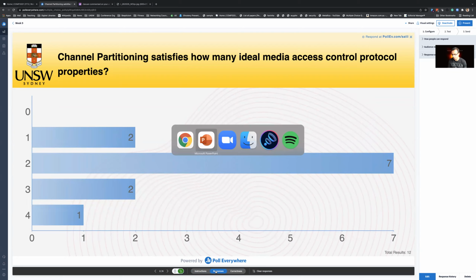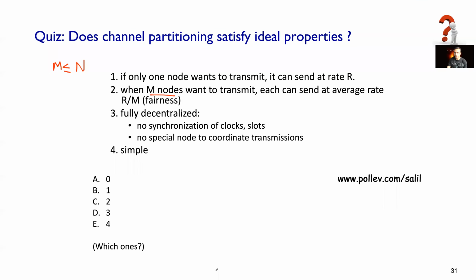So let's have a discussion around that. So if there's only one node transmitting, which means 1 out of these n, will it be able to send at R? The answer would be no, because whether you're using TDM or FDM, remember we are allocating n slots, or n frequency bands, and only one of them will be used, right? So certainly this is not met in this case.